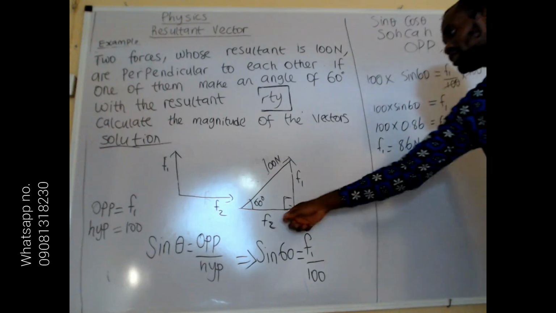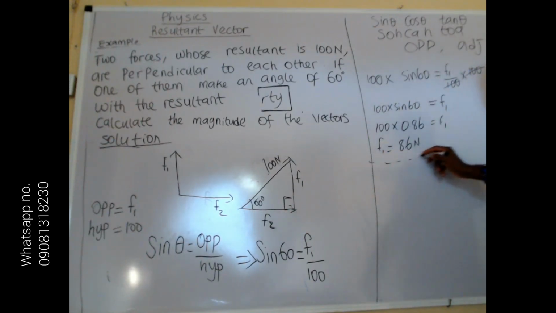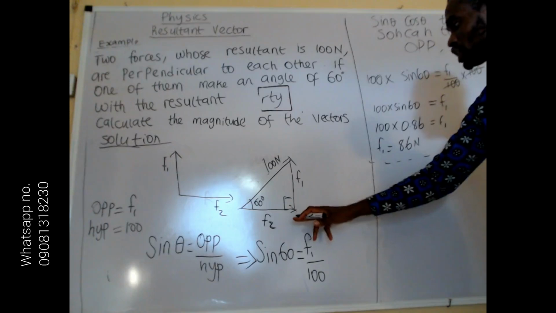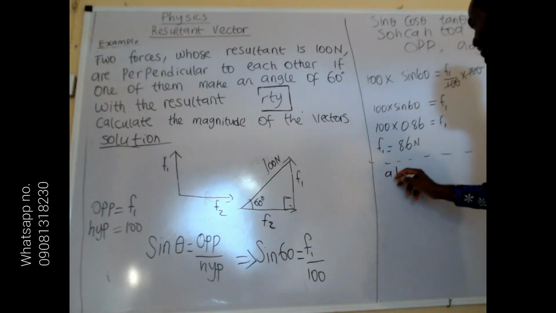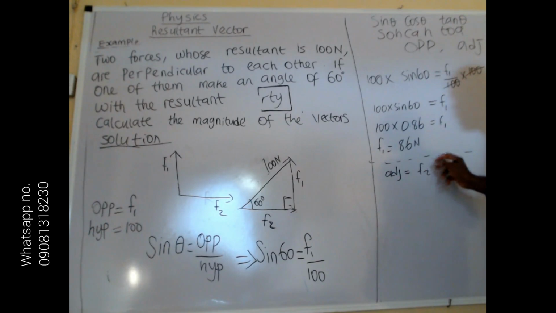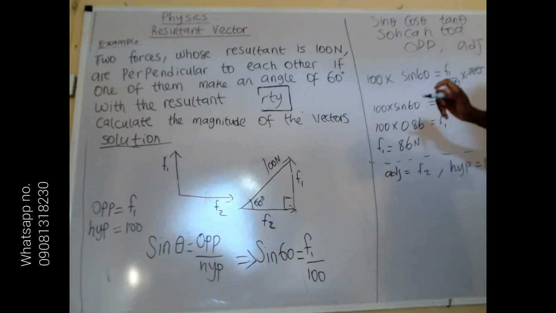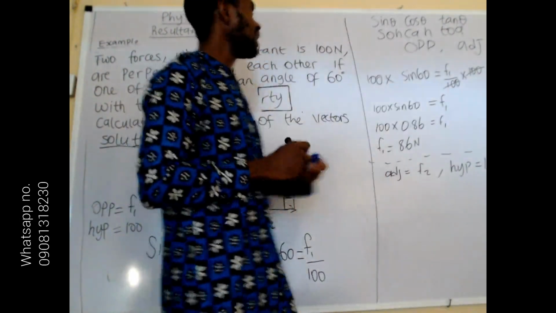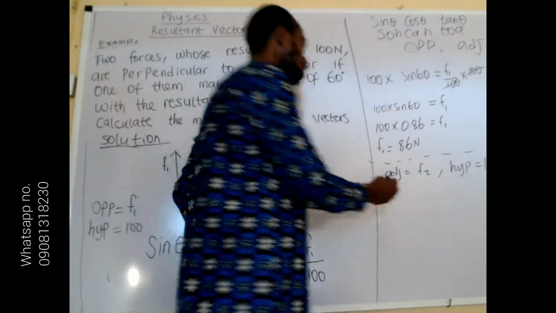Now you can still solve for F2. To solve for F2, you consider F2 with respect to this shape. F2 is the adjacent side, and you have the hypotenuse side, which is 100 Newton. Considering the two sides we have, the trigonometric ratio that is right to be used here is adjacent and hypotenuse, so we use cosine.